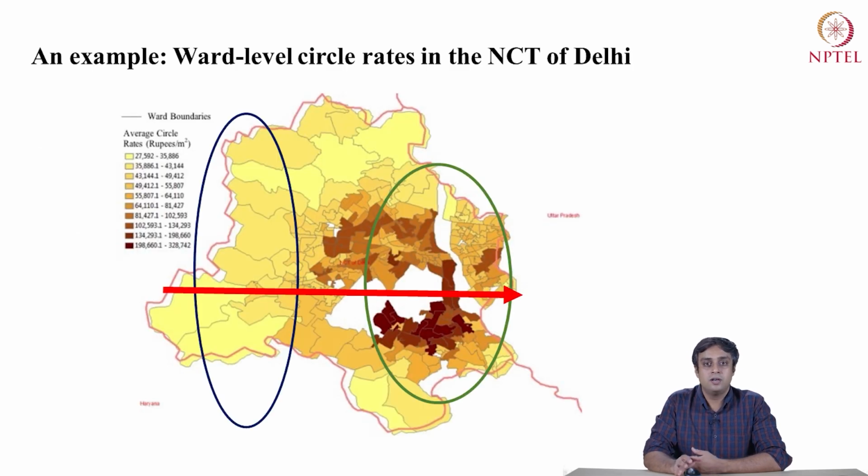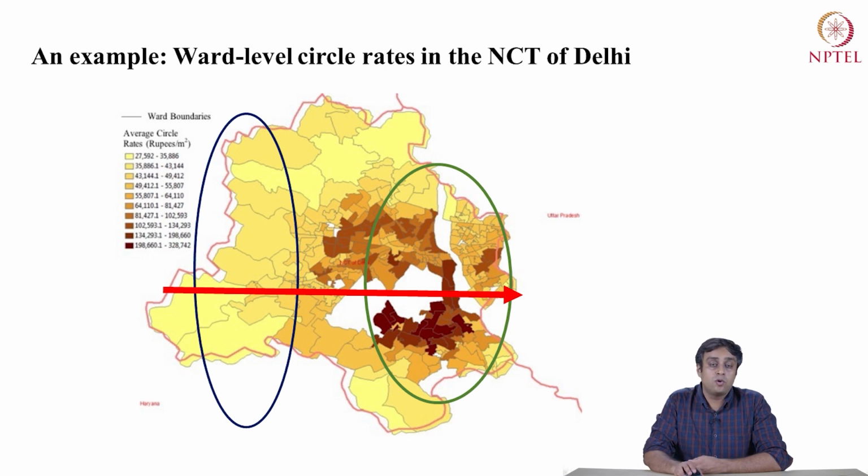What you see on the screen is a map of the National Capital Territory of Delhi, and the colors on this map show you an index of the real estate market. More specifically, what you see are ward level average circle rates in rupees per meter squared.